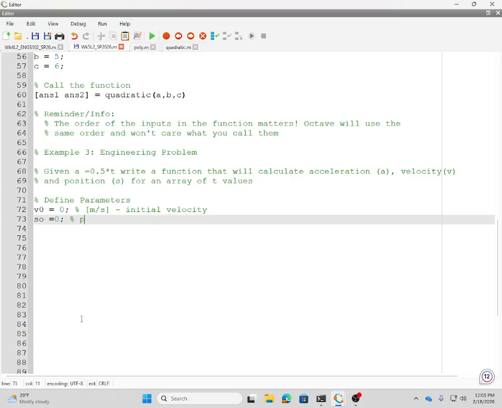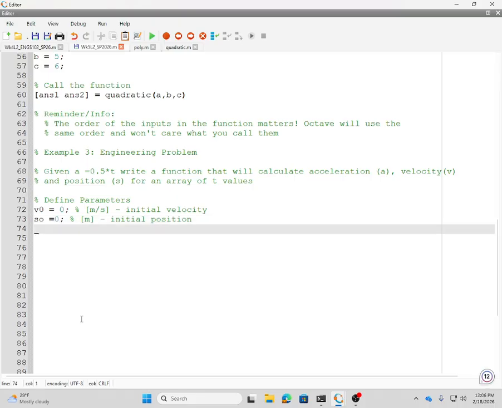And put the unit, meter. So that's the initial position. Then this t0 is the initial time, with the unit of second, initial time.